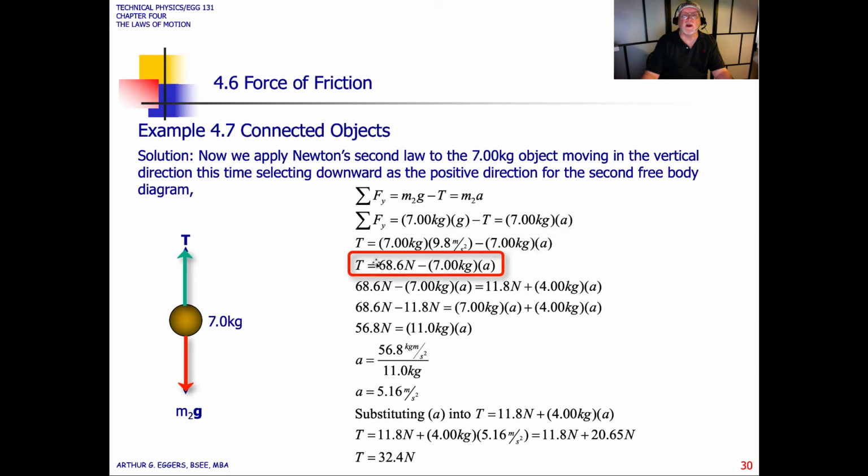And what we end up with when we start combining our terms and doing our operations is 68.6 newtons minus 7 kilograms times the acceleration. We still don't have an acceleration term. So 68.6 newtons minus the 7 kilograms times the acceleration is equal to the 11.8 newtons plus 4 kilograms times the acceleration from our previous problem.